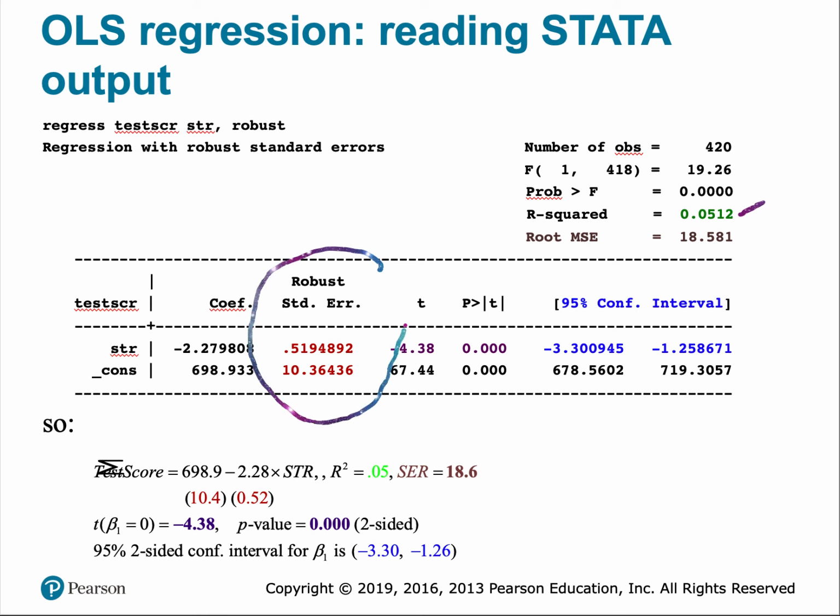We have the standard error of beta 1 and the standard error of the intercept, beta naught. We get the t statistics and the p-values for the null hypothesis that these coefficients are equal to 0. This is the two-sided test.